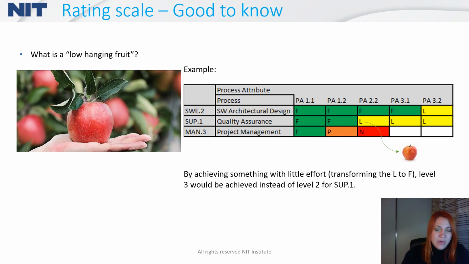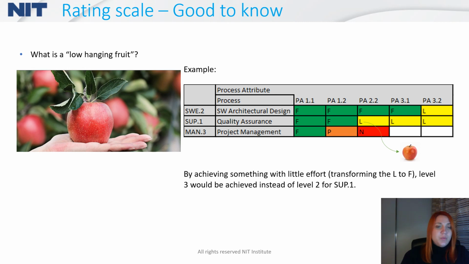It is good to know, when it comes to rating of the whole process profile, that by raising one of the ratings for some PI, you can reach a higher level. For example, you can achieve level 3 instead of level 2 for sub 1, if you try to implement some improvements on the PI 2.2.